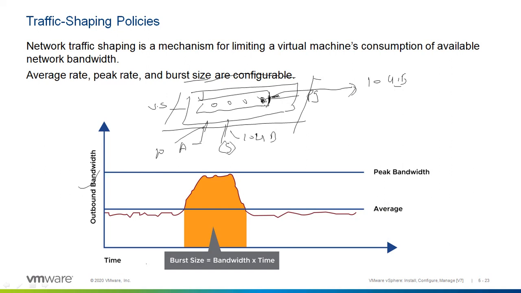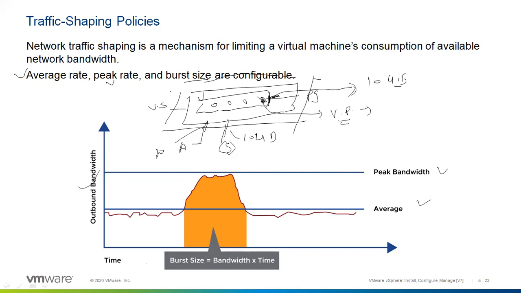For a single virtual port, I want to define some set of policies. There are 3 values you will get. What should be my average? What can be my peak bandwidth? So we can define the average rate, the peak rate and the burst size.